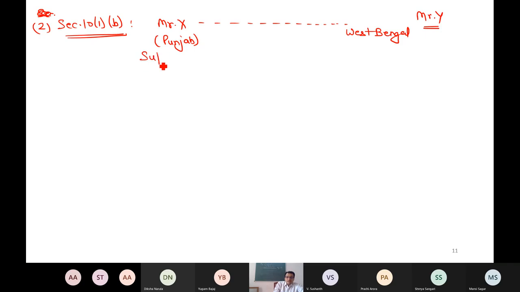Now the supplier is this person who is in Punjab, and this is the person who is ordering the goods. But suppose I will first receive the goods in West Bengal, and suppose I have my customer in Tamil Nadu.